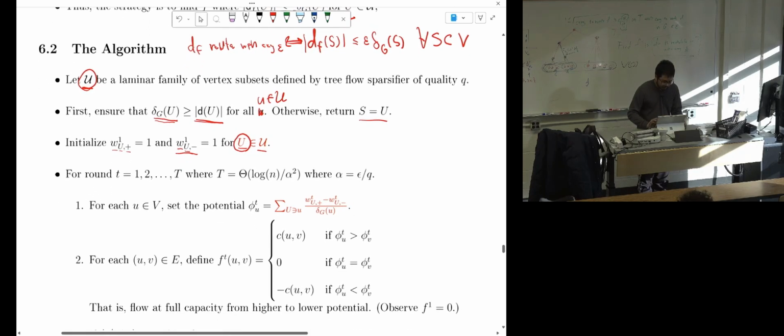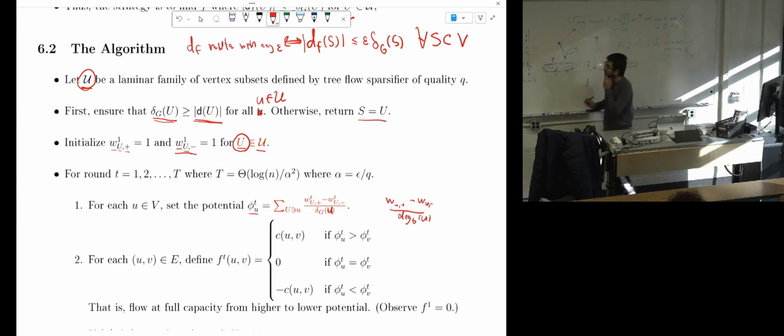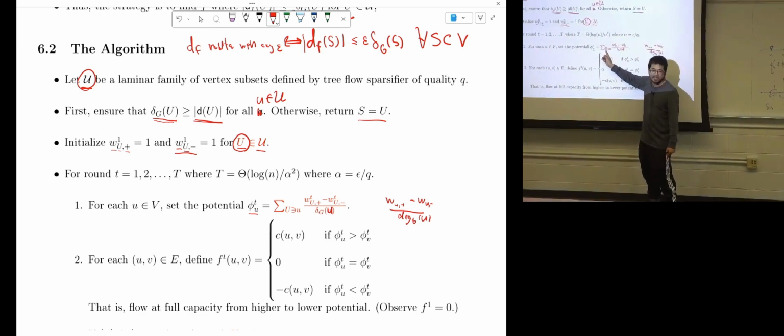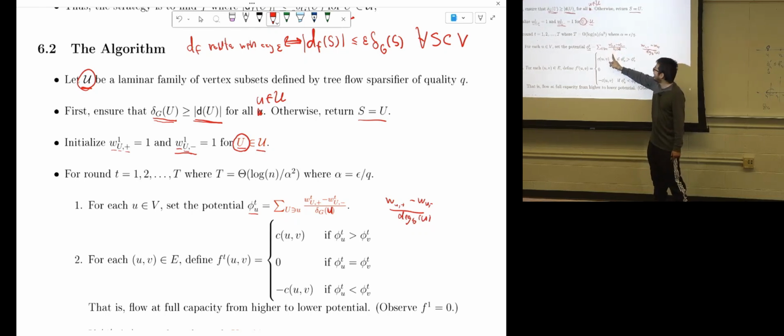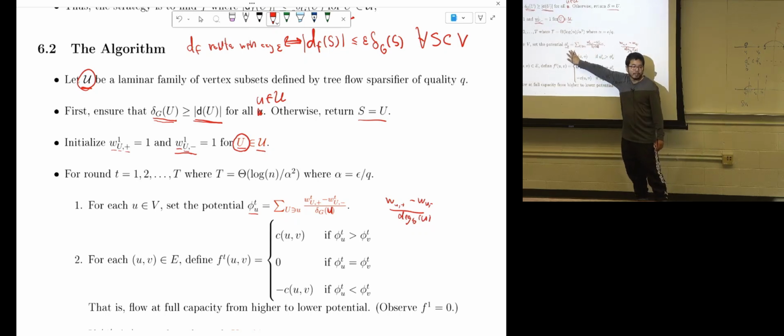And then I compute the potential. The potential used to be this thing over the degree of U. But now I change it a bit, because I change it to be a sum over all the sets that contain U. This is almost like before, but it's for capital U, and I replace the degree of U by the cut size of U. So that's how we define the potential.